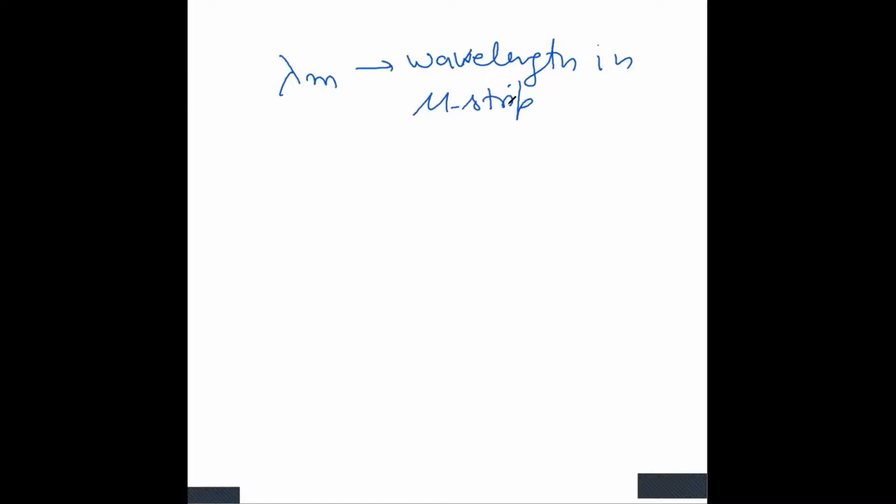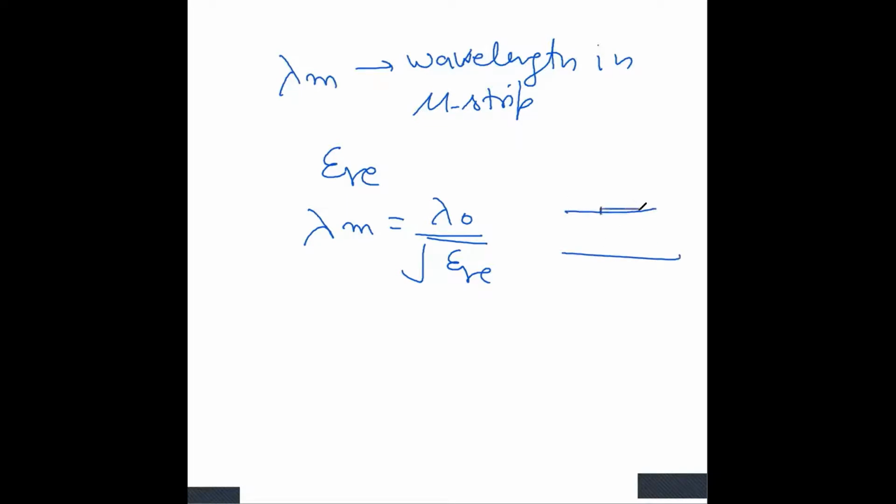So lambda m, that is the wavelength in the microstrip, is related to epsilon Re, that is effective permittivity, by the expression lambda m equal to lambda naught upon root epsilon R effective. This is obvious because in the microstrip line, this is microstrip and this is ground plane.